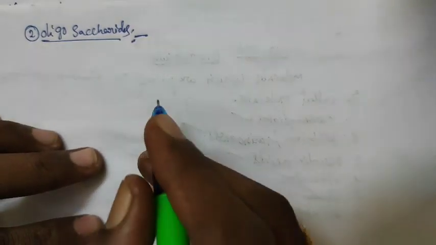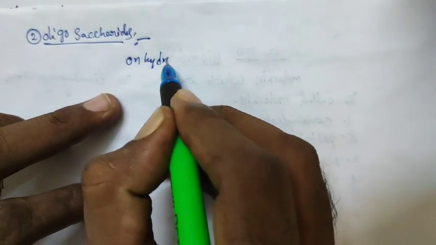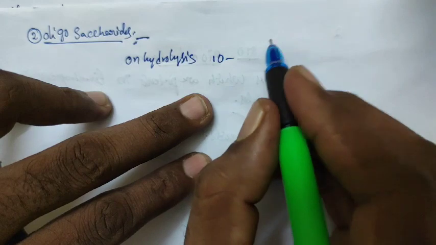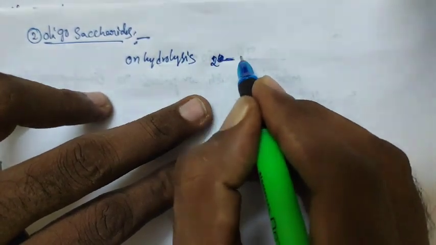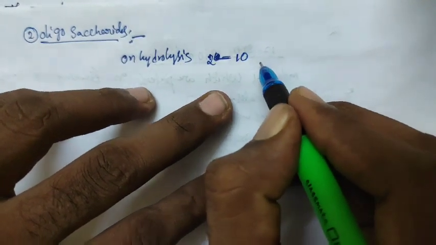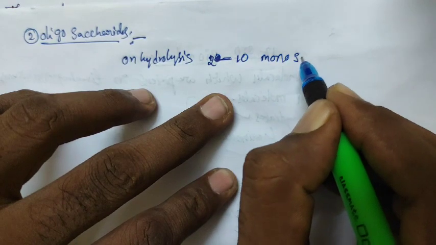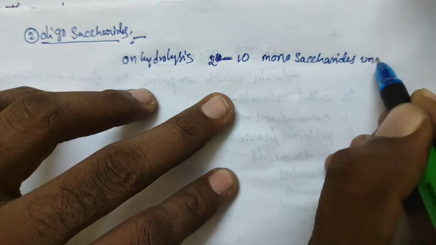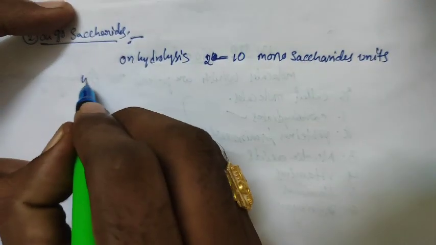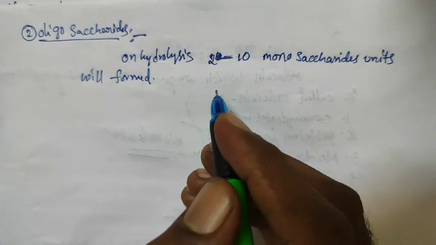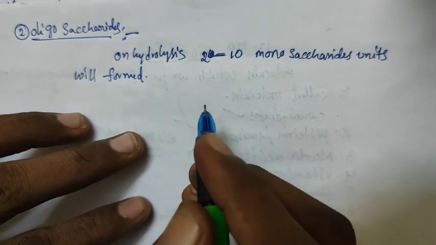Oligosaccharides on hydrolysis give 2 to 10 monosaccharide units.